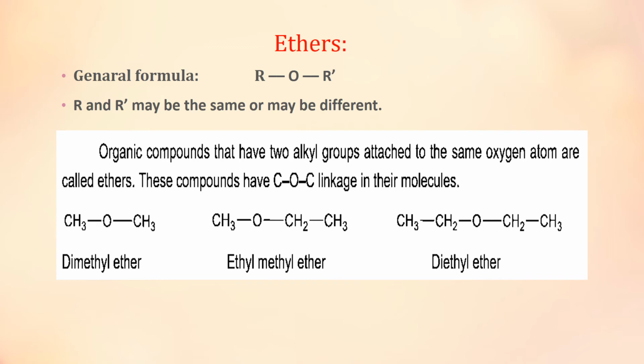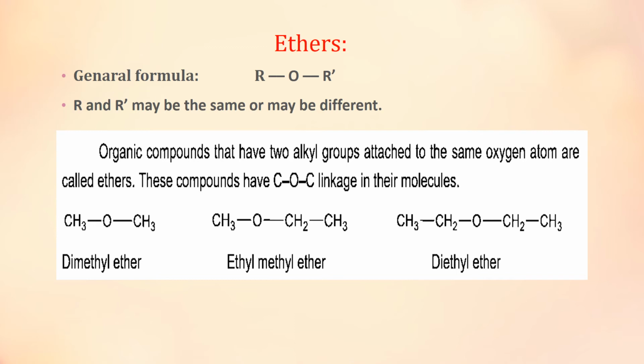As in the example below, you can see dimethyl ether. Two methyl groups are attached to the same oxygen atom. The second example is ethyl methyl ether. In this you can clearly see on one side of the oxygen atom is the methyl group and on the other side there is the ethyl group.